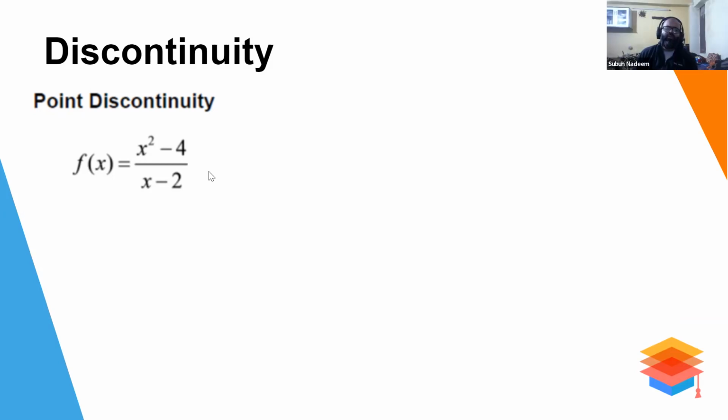That you can do to find the limit. That will make it x plus 2, and when you put 2, it will become 4. But you don't have to find the limit. You just have to tell whether it is a point discontinuity or not. So you will just say that at x is equal to 2, it is not defined, so it is discontinuous at x is equal to 2. The rest you can find the limit and say yes, left hand limit is equal to right hand limit.